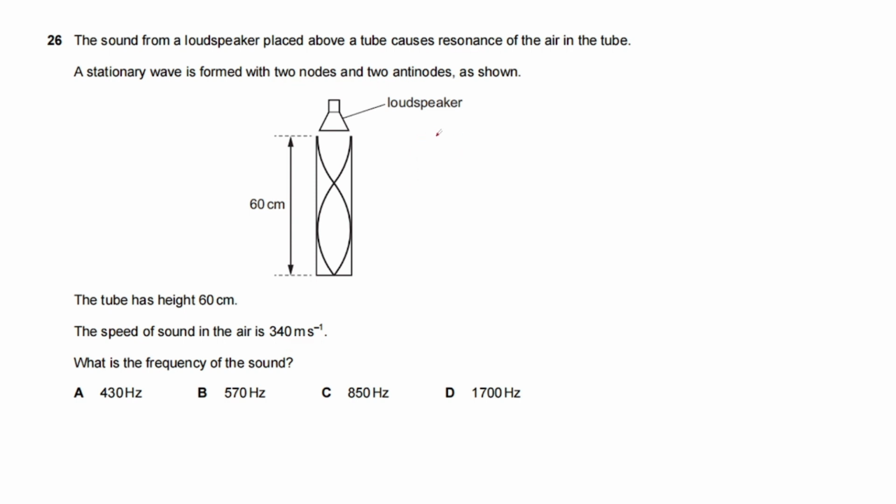So in this case, the velocity is given as 340 meter per second, and you know how to find out the frequency using the wave equation, that f is equal to v divided by lambda. But we don't have the lambda value, but you could find it using this length. Since this is a complete lambda, you may divide this whole lambda length into 4 parts.